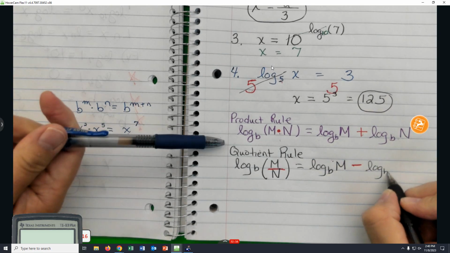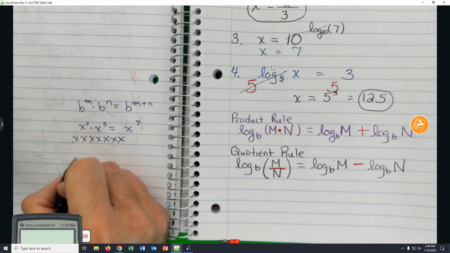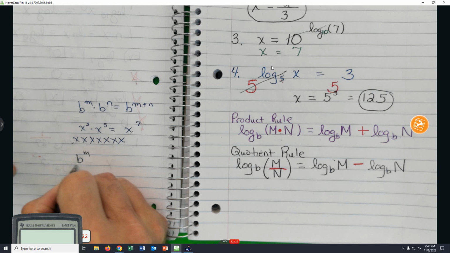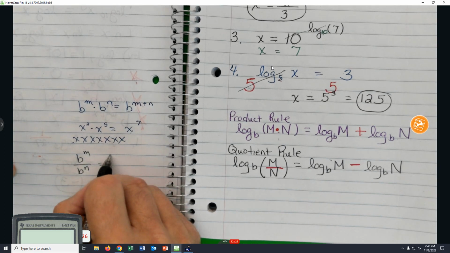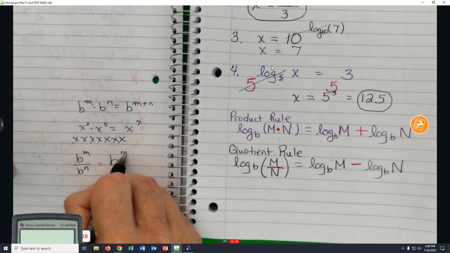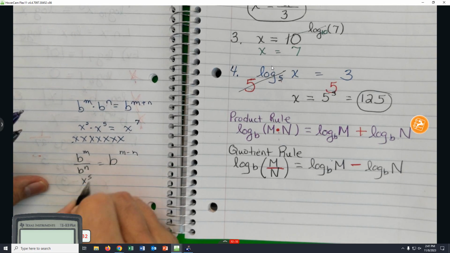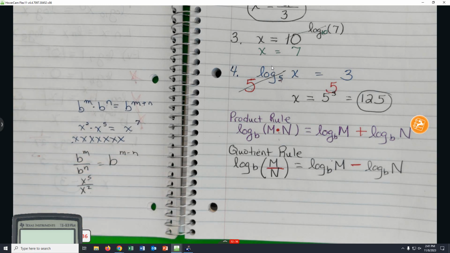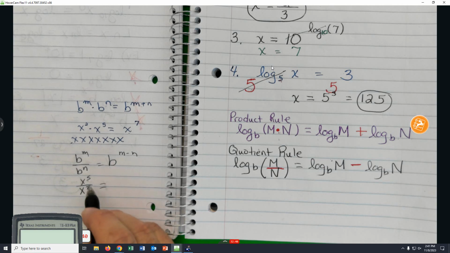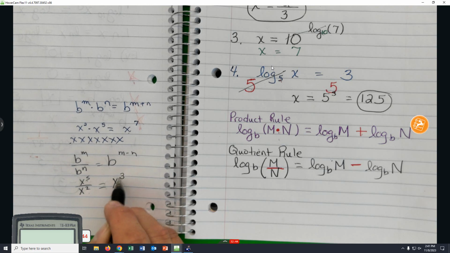It's a direct result, and we're just restating. That product rule is just a logarithmic restatement of the product rule of exponents. If you had b to the m over b to the n, this is the cancellation property. The quotient rule of exponents is just the cancellation property. Like if you had x to the 5th over x squared, cancel 2 x's above and below, and how many would you have left? 3.